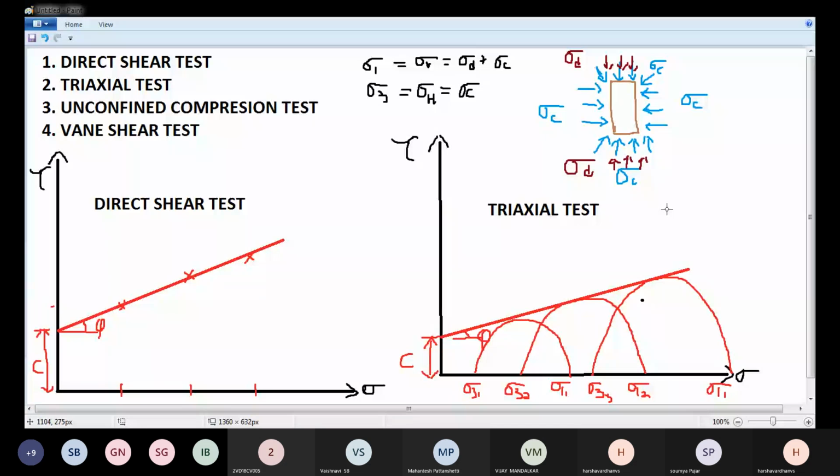Or if nothing is mentioned, then you may solve it analytically as well. I'll tell you when we are solving those problems. Okay, you need to remember some equations to solve those problems analytically.